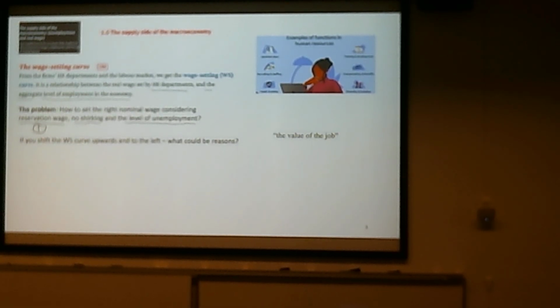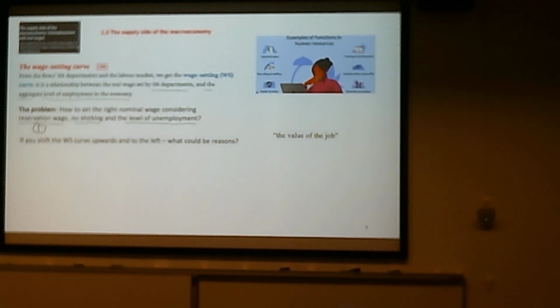But if we stop here, then there will be a lot of turnover. People will not stay. So you have to go up more than this. And why is that? Well, we add this thing about shirking. No shirking, so we have to add some more than the reservation wage.